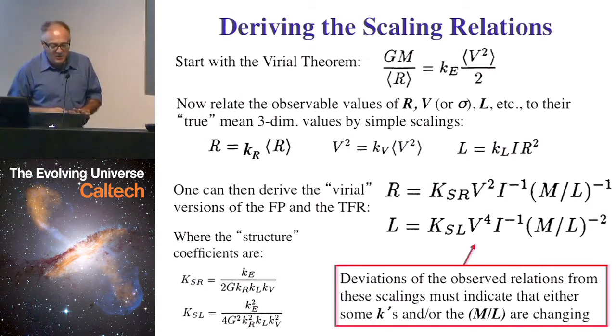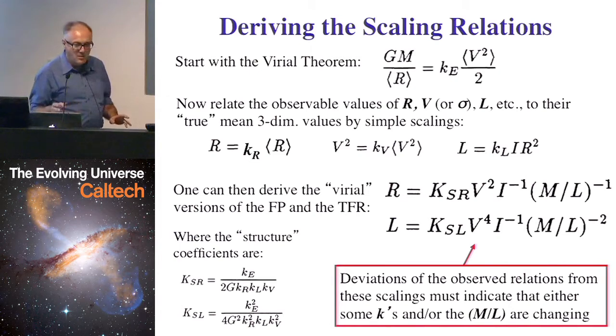Now, if any of those deviate from perfection, then you're going to create some scatter. Now, we know that in reality, mass to light ratios and surface brightness all differ systematically or randomly. And yet, somehow things compensate to make perfect relations. So for Tully-Fisher, we got the right slope, fourth power of velocity. For the fundamental plane, we did not.